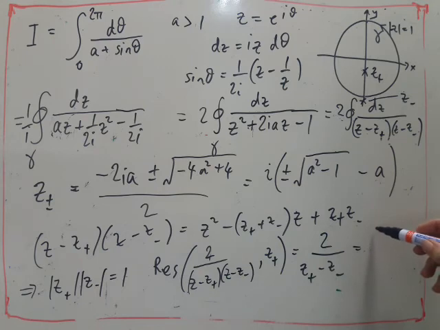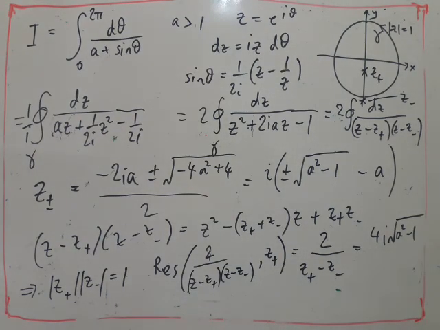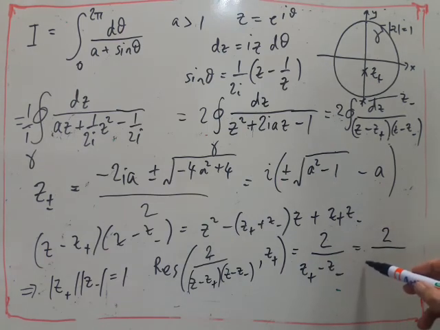So we get 4i root a squared minus 1, sorry, that was wrong. This goes on the bottom, so we have 2 lots of root a squared minus 1.